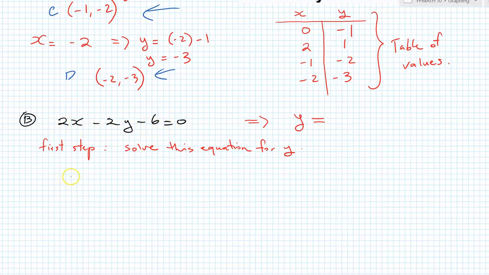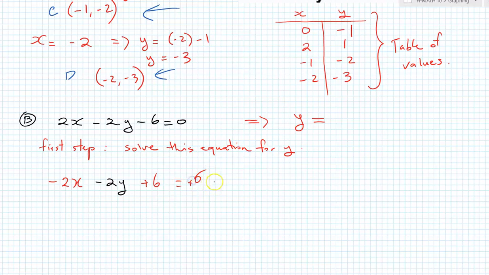You have to start by leaving the 2y alone. You're basically subtracting, so get rid of the x, and you're getting rid of the 6 by doing exactly the opposite operation. And then whatever you do to one side, you've got to do to the other side.